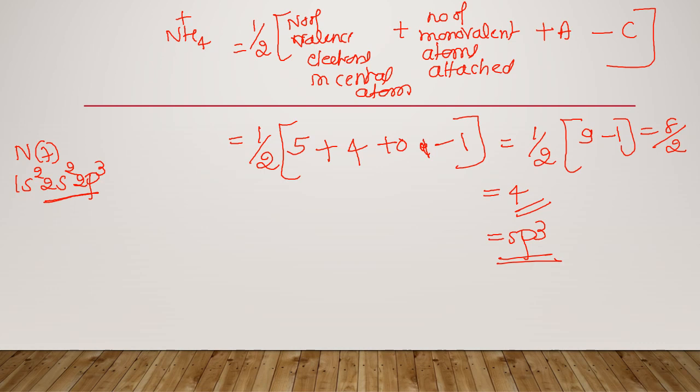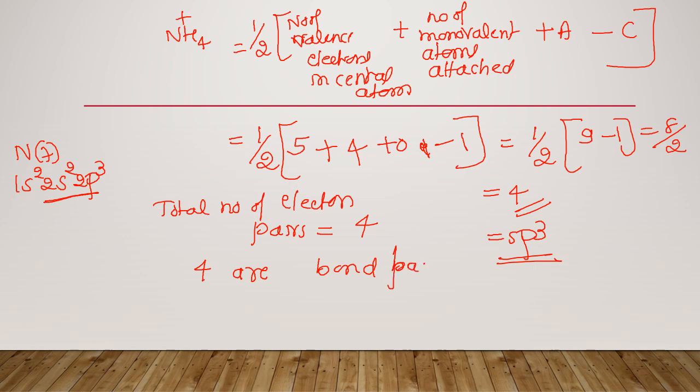Total number of electron pairs is 4, out of which all the 4 are bond pairs. Why?